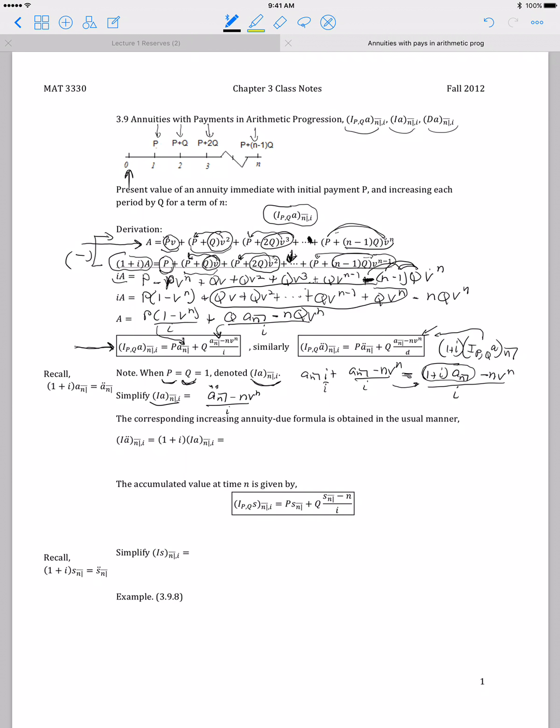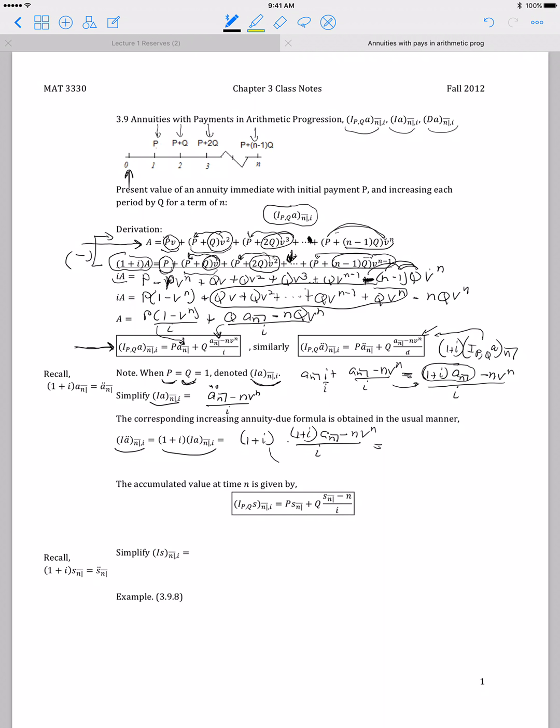Now the corresponding increasing annuity due formula, of course we just multiply by 1 plus i times the increasing annuity immediate formula. And when we do that, we would just get what? 1 plus i. And I like to use a formula that I remember. I don't like to put the due symbol above. 1 plus i times this symbol.